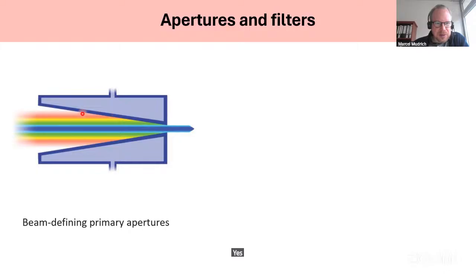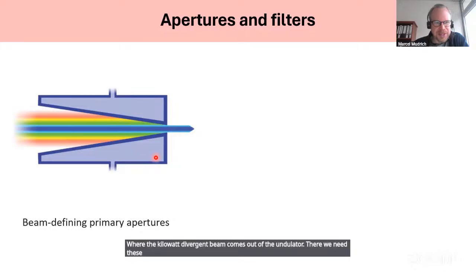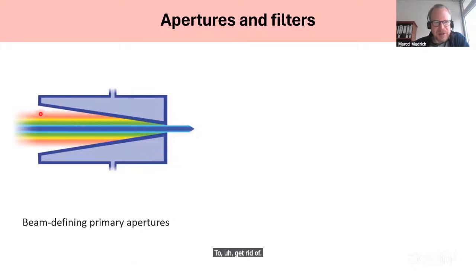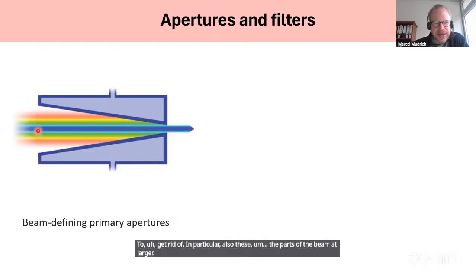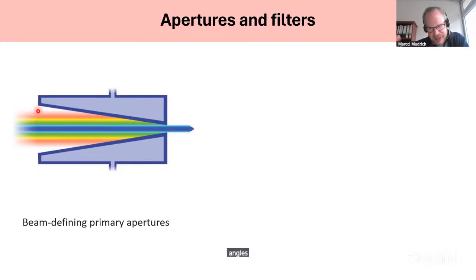Yes, so on the front end side, where the kilowatt divergent beam comes out of the undulator, there we need these beam shaping apertures to get rid of, in particular, the parts of the beam at larger angles, which typically have lower photon energies.